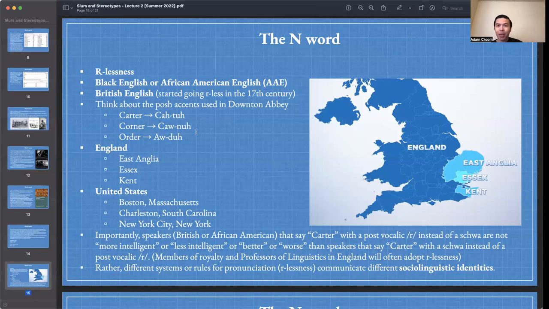So, because royalty and professors apply R-lessness in these cases, right? This is the way the upper class and professors will speak. Okay. In the United States, we also find R-lessness in different regions, including Boston, Massachusetts, Charleston, South Carolina, and New York City, New York.